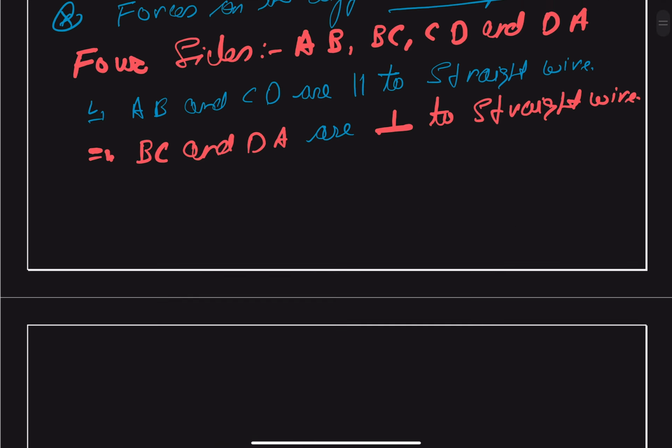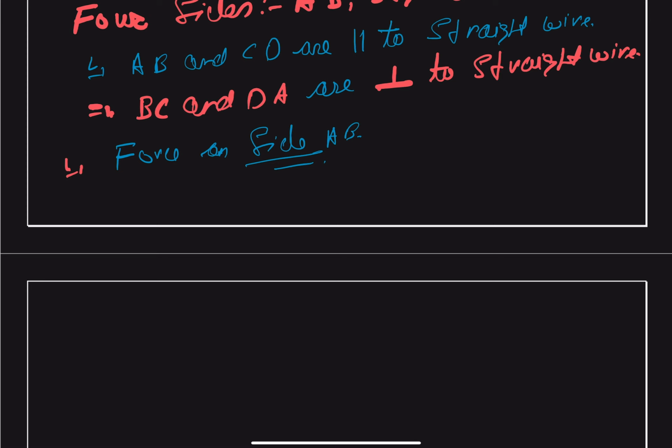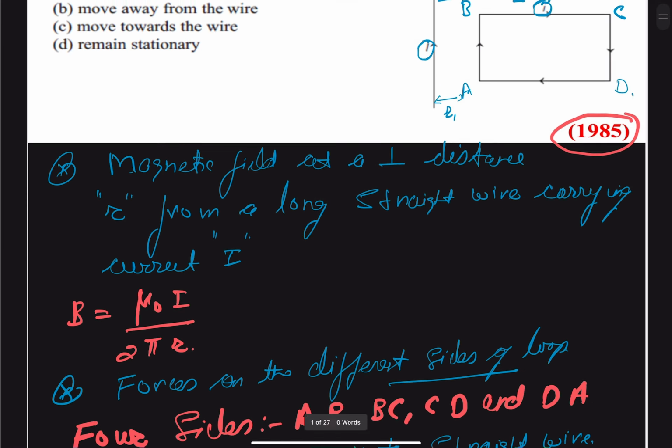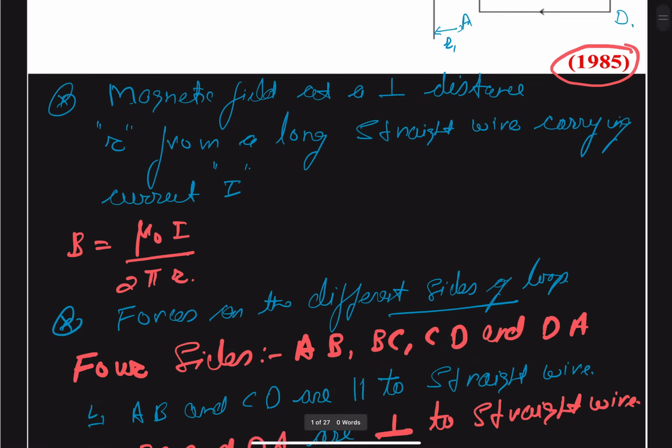So first of all, we are going to find out the force on the side AB. Here the direction of current in the straight wire is upward, and similarly the direction of the current in the AB side is also upward. So they both have the same direction.